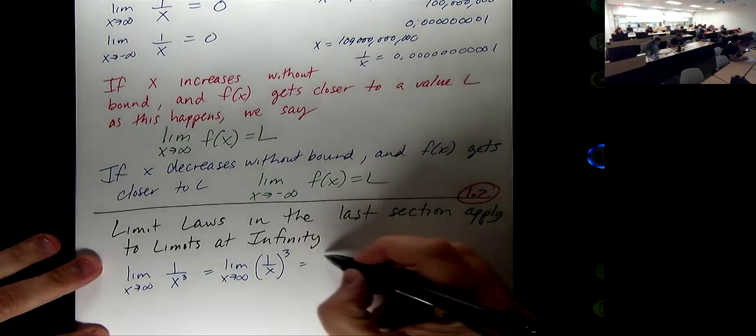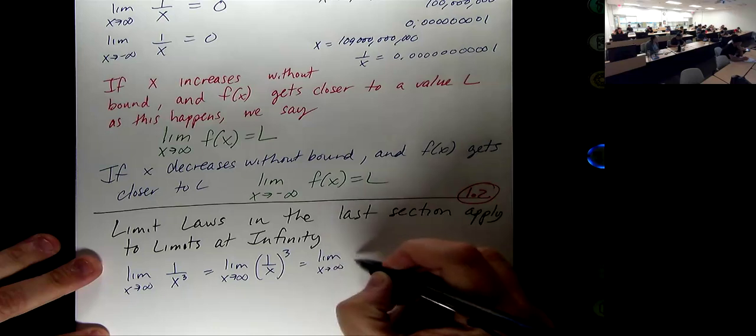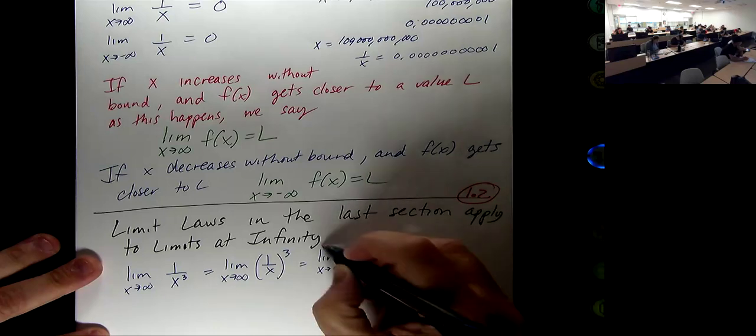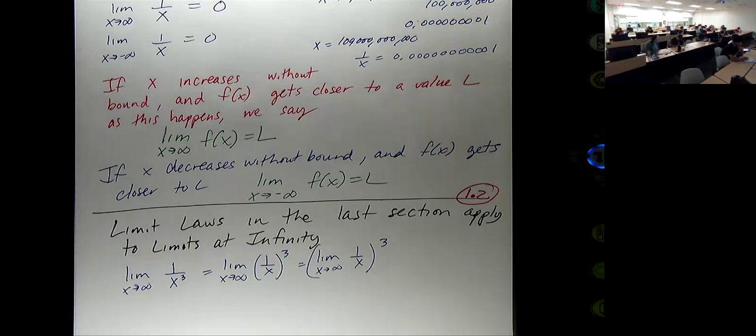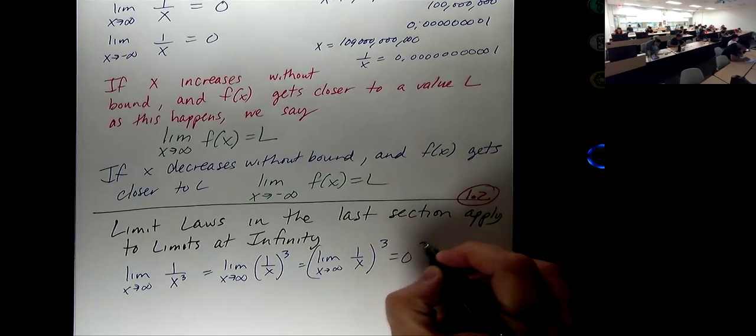One of the limit laws was we could move the limit inside an exponent. But we just showed this was 0. 0 cubed is 0.